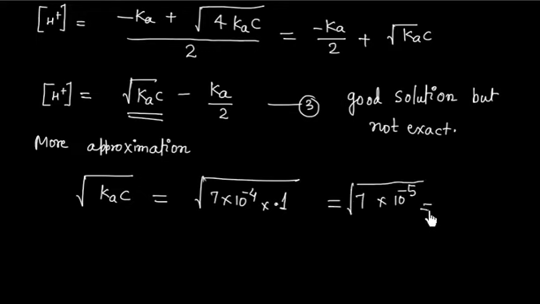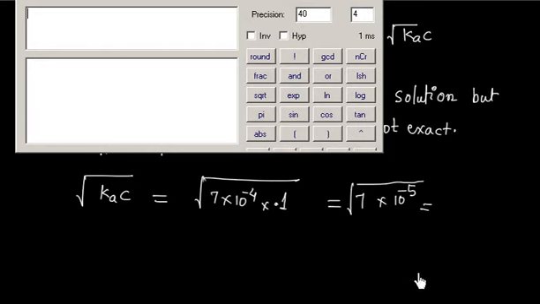So how much will it come? Let us find the square root of 7 into 10 raised to the power minus 5. This value comes out to be 0.0084.